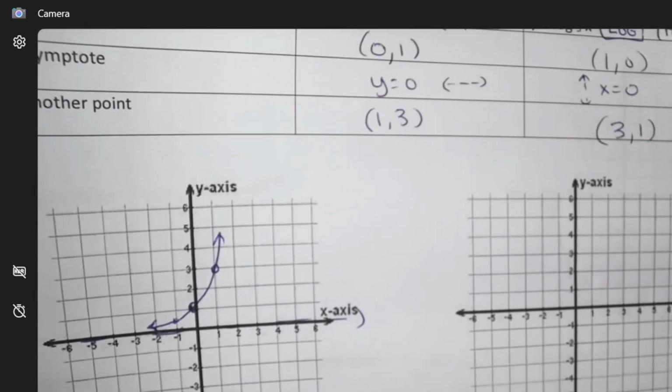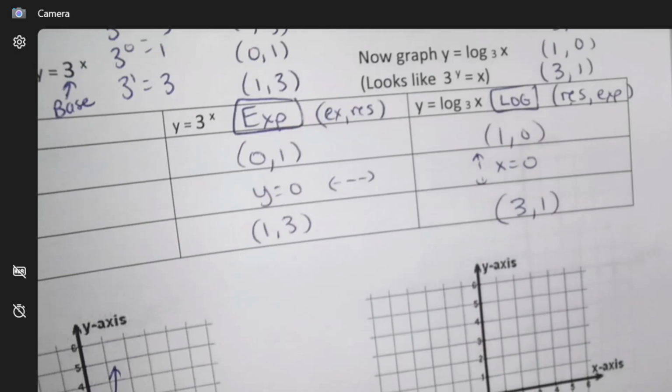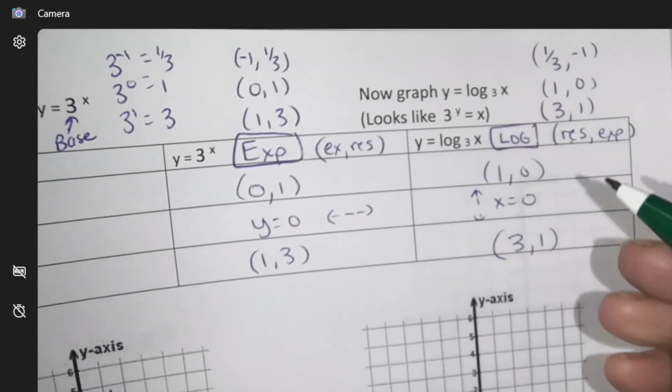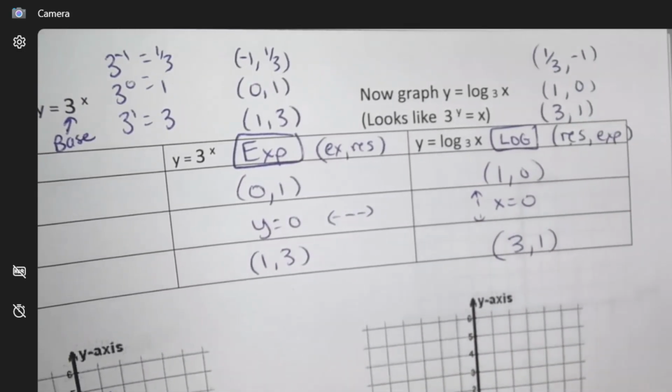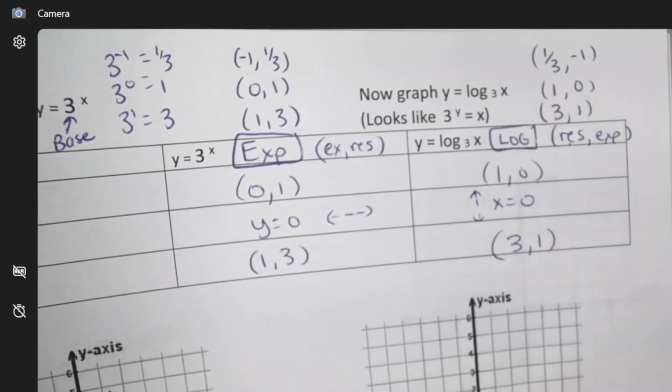Okay, so let's try a log graph. So we had these 3 points. We had 1/3, comma, -1, 1, 0, and 3, 1.